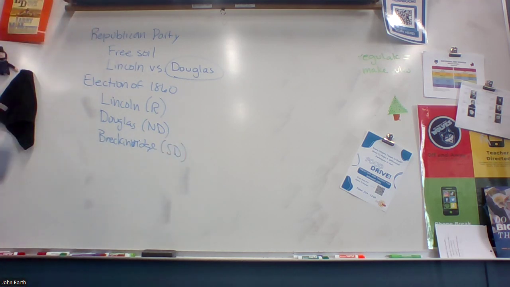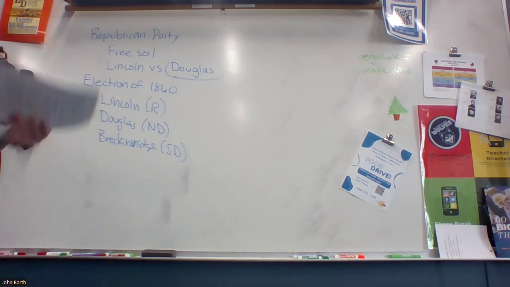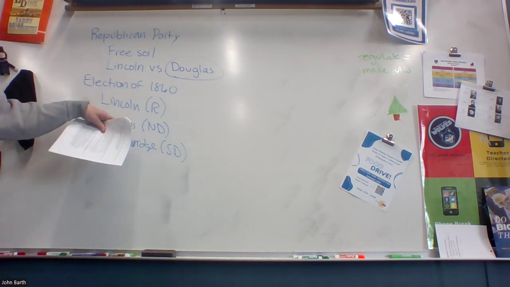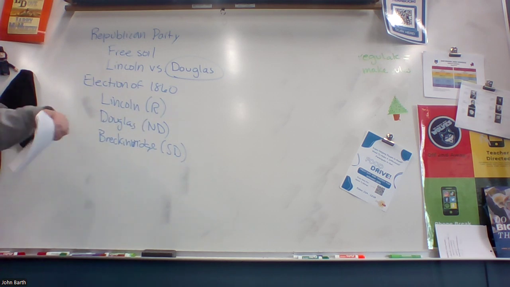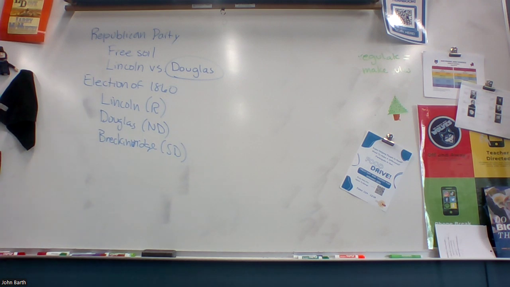So the Democrats are split, which means what's going to happen? It allows Lincoln to win, right? If they had just one Democrat, it's possible Lincoln wouldn't have won. But because the Democrats are split, it enables him to win all of the northern states. And Breckinridge wins almost all the southern states. It's just some of the border states that are going to split, a couple to Douglas and a couple to John Bell.